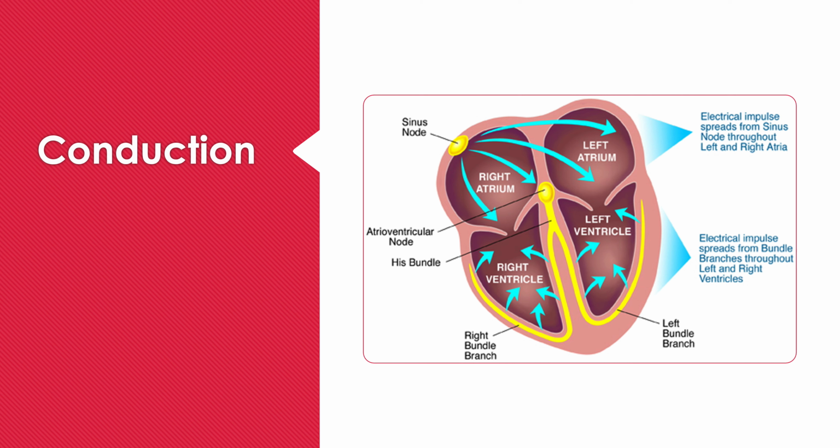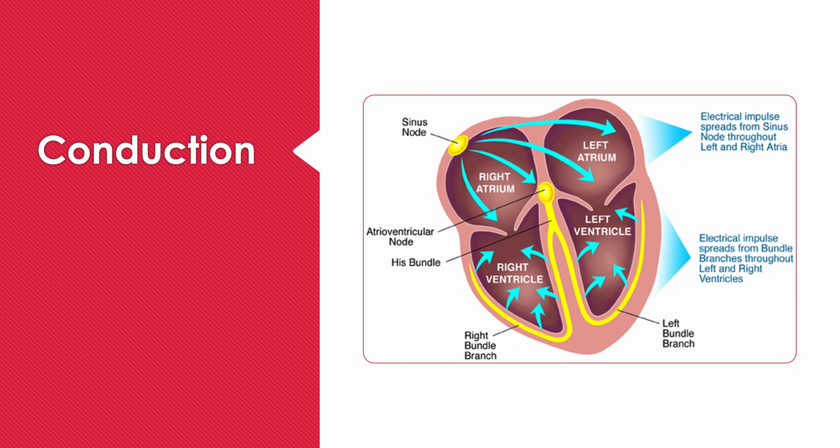It actually has its own node that generates this electrical impulse. And so the sinus node is going to initiate depolarization. It's going to travel to the AV node, atrioventricular node.